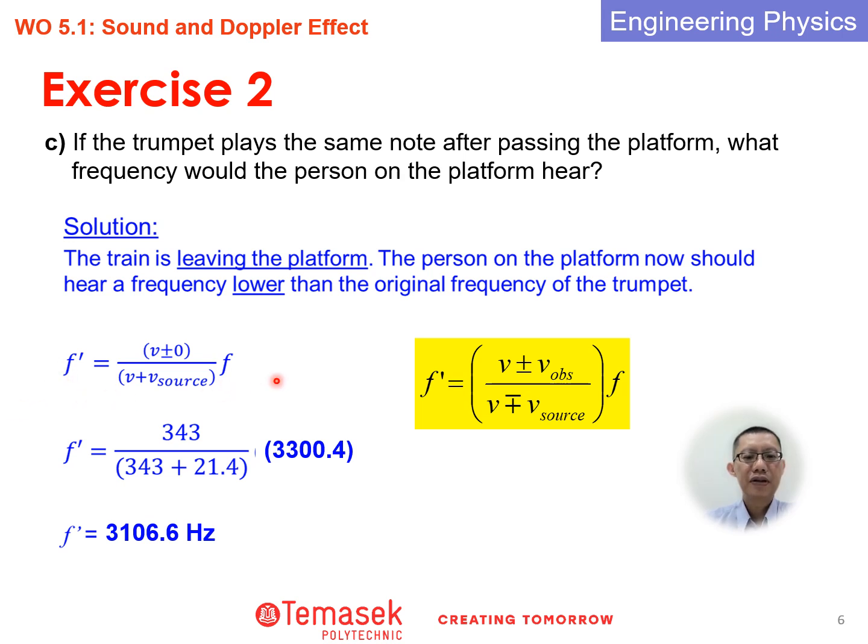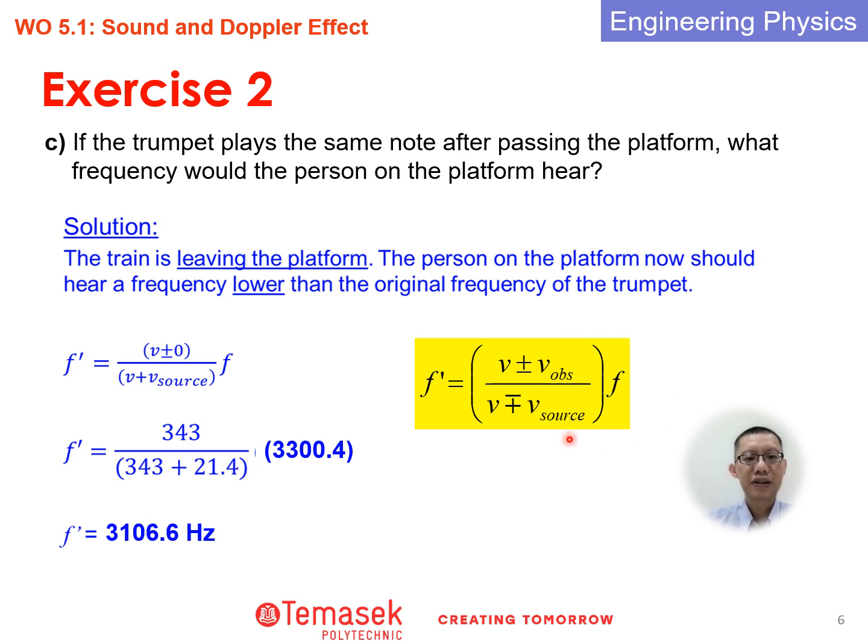And f, the original source frequency from part A, is 3,300.4 Hz. V remains the same, which is 343 meters per second, the speed of sound in air. Now, V obs is 0 meters per second, as the person is at rest and not moving.